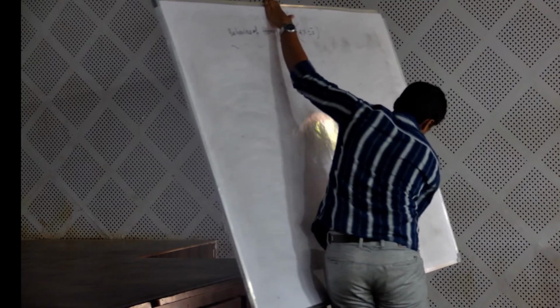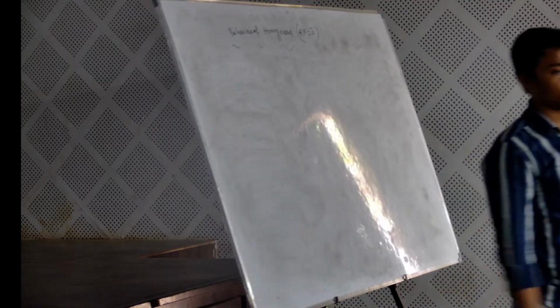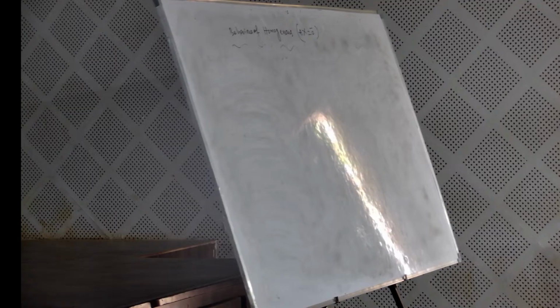Zero is trivial, infinite is non-trivial and non-zero solutions. Now, this is the consistency of the system.